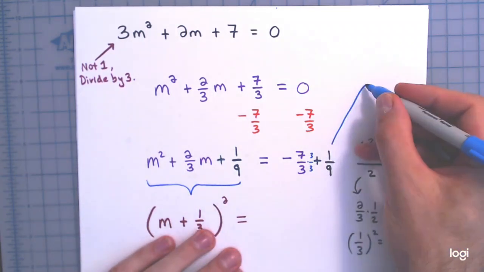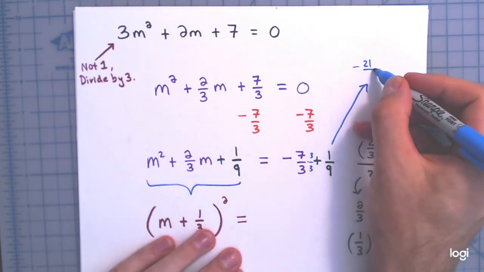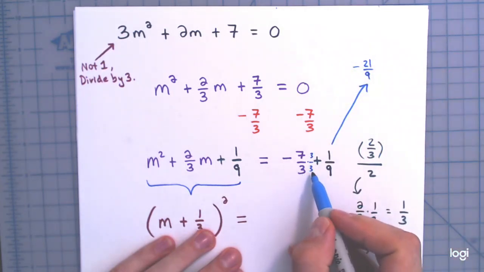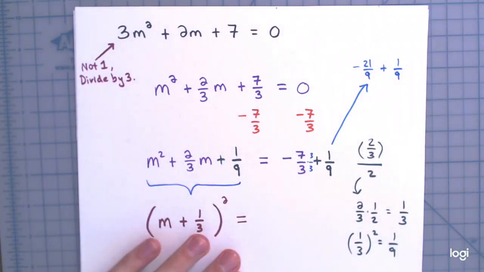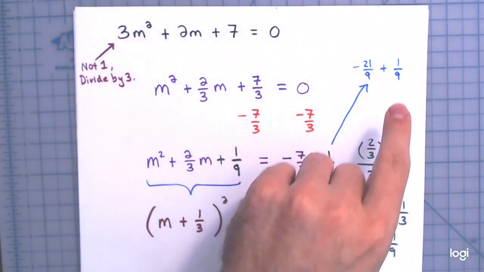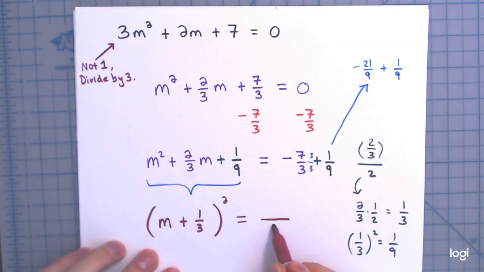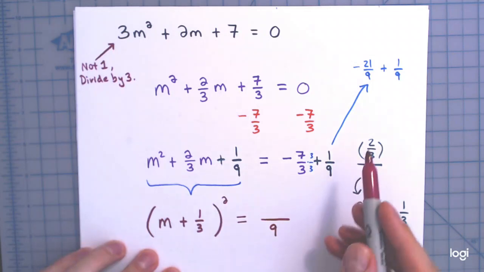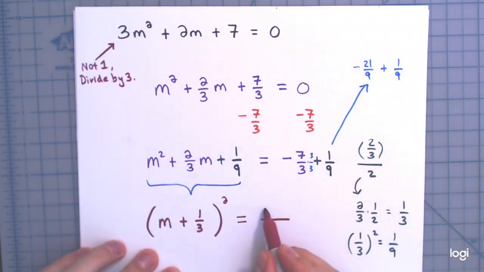So this would be what? Negative 21/9, right? 7 times 3 over 3 times 3, plus 1/9. And now I have a common denominator, all right? And when you have a common denominator, that denominator stays. So I still have a denominator of 9. And then you just add the numerators. Negative 21 plus 1 would be negative 20, all right?